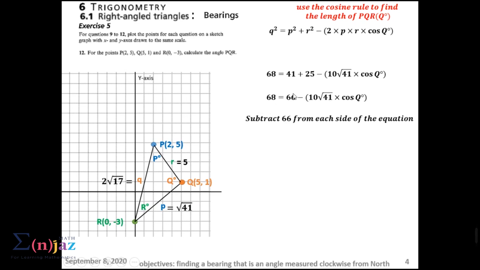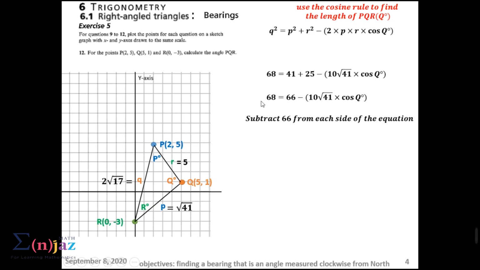Now, we want to get rid of 66. Why? Because we are solving for Q. So we're going to get rid of any numbers before cosine Q. We're going to leave everything inside the bracket and get rid of 66 first. How? We apply opposite operations.